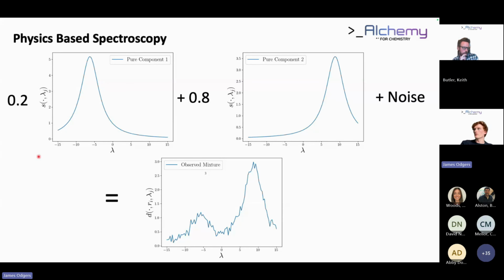But there's 20% of chemical species A and 80% of chemical species B. What we would expect to see is some combination of the two, where there are peaks in both of the locations, but the peak associated with the second signal is significantly higher, which just reflects that there's a lot more of chemical species 2 in the sample. And of course, because we live in a real physical world, there's always going to be some amount of measurement noise in our observation.